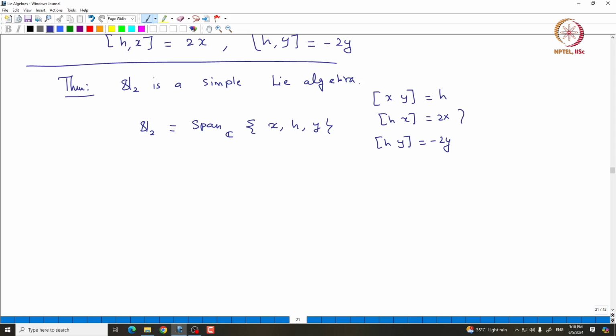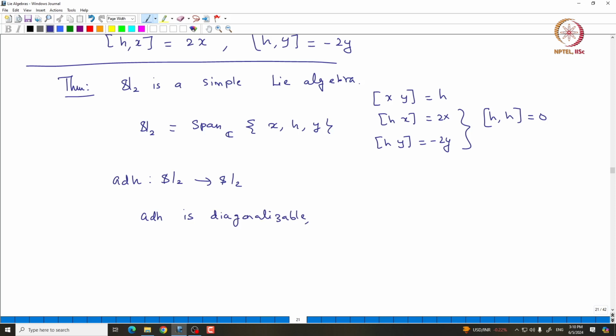Now, from these formulas we can easily see that the brackets hx and hy being 2x and minus 2y, and hh is 0. So, if you look at this ad h map from SL2 to SL2, then you can easily see that this ad h map is diagonalizable. What are all the eigenvalues?